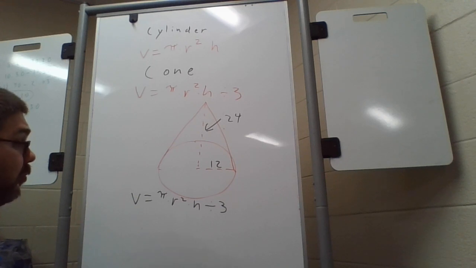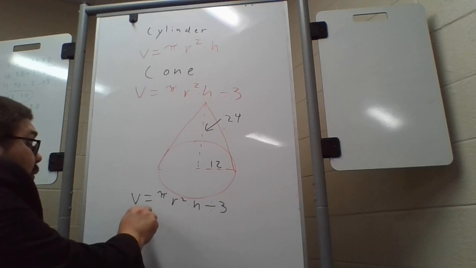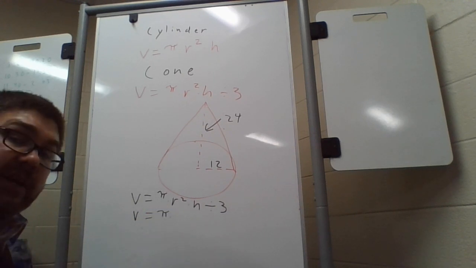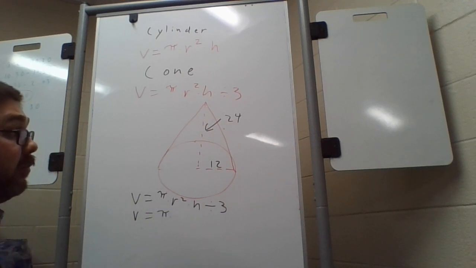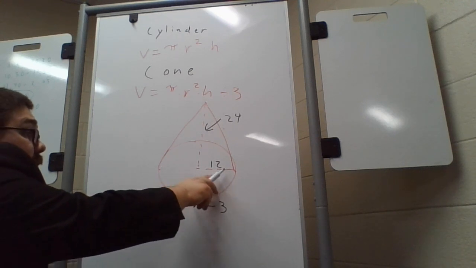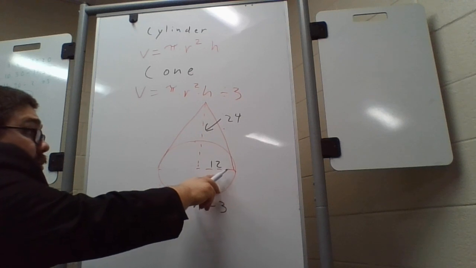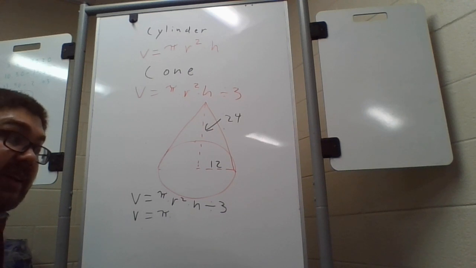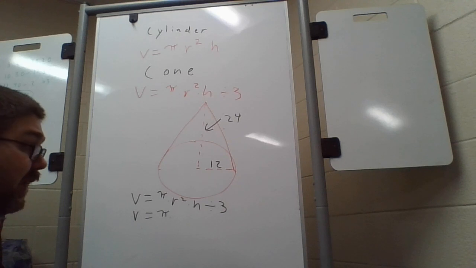Now we're going to do pi times radius squared. Well, look at this problem. Notice this time the line doesn't go all the way across the circle. That's because this time it's a radius that they give us. The first problem we did, they gave us a diameter.